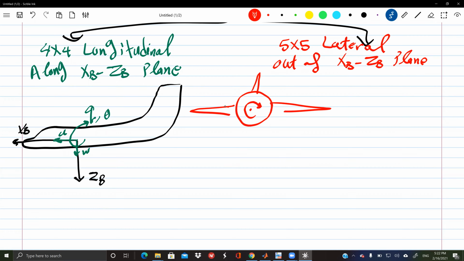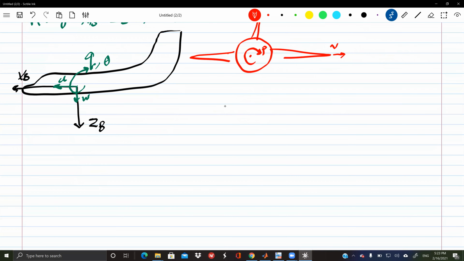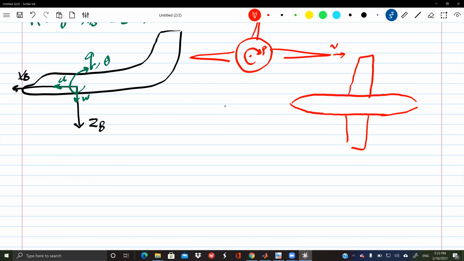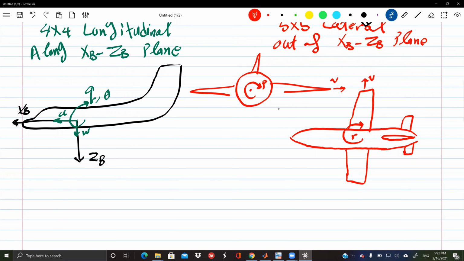Like the roll rate P, or the side slip V if the airplane is skidding, or the other rotation, the yaw rotation R, or again the skidding V. So anything that gets you out of the plane.